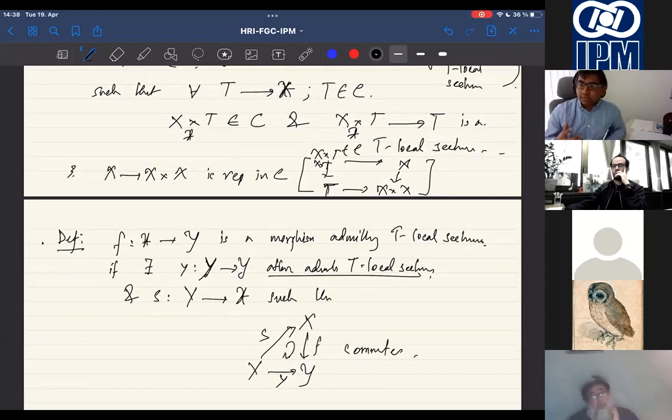So it's exactly the same definition, in the same flavor, as we have in the ambient category C.